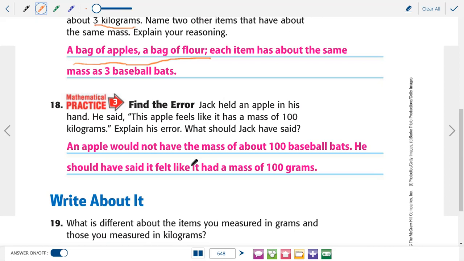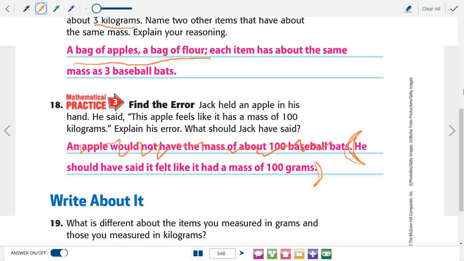No. So an apple would not have a mass of about 100 kilograms. He should have said it felt like it had a mass of 100 grams. So write the answer from here to grams. No need for you to write this. Okay?